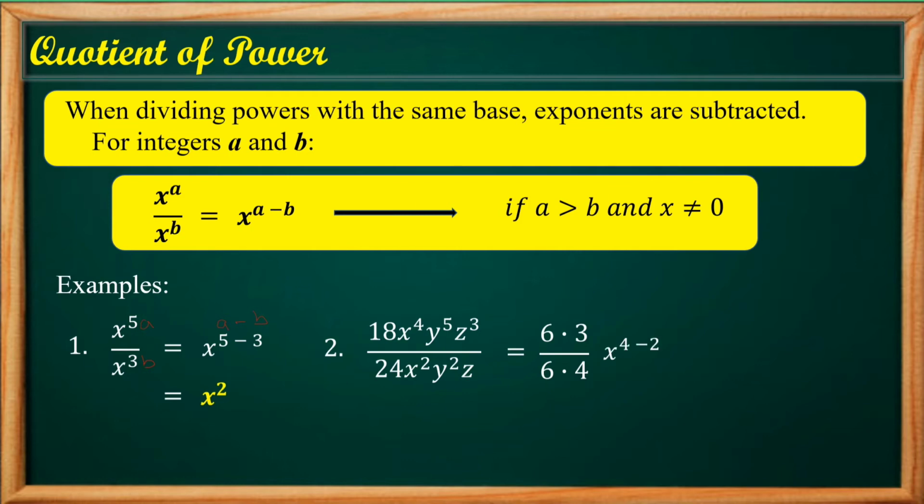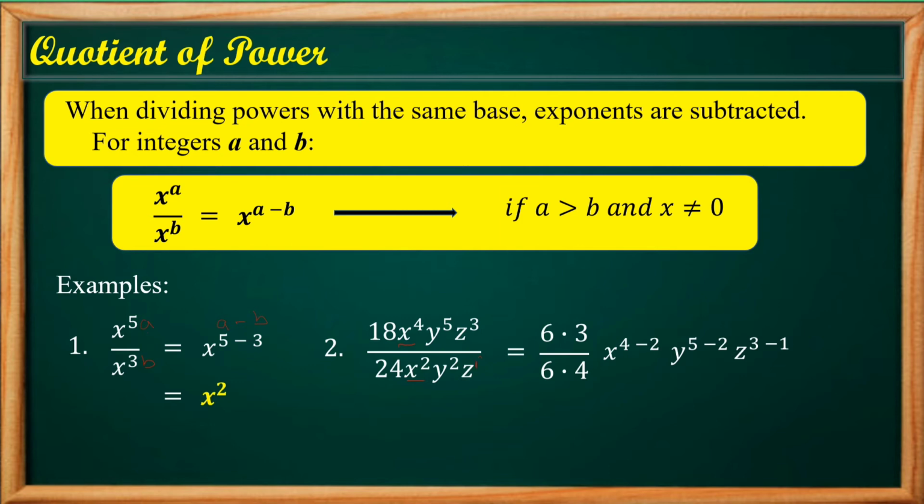Next, since we have the same base which is x, then on this part also is x, directly you can have the x. The exponent of a is 4, then b is 2, therefore 4 minus 2. The same with y, 5 minus 2, the same with z, 3 minus 1. Remember, in any literal coefficient, directly it has an exponent of 1.